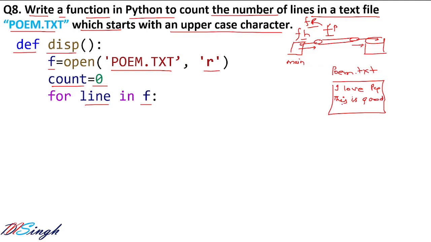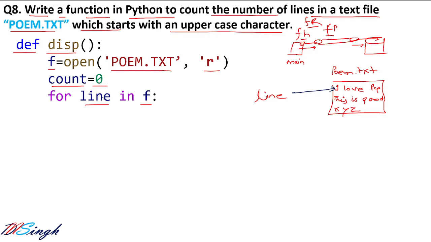So some content we might have, xyz. These are the three lines in my poem.txt file. Now we can see line is a loop variable, and that loop variable will hold one line at a time. So for the first iteration of our loop we will have I love Python.